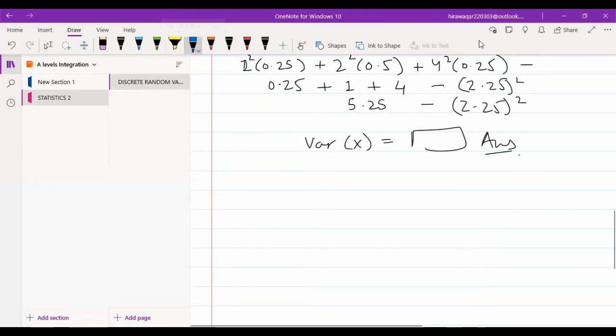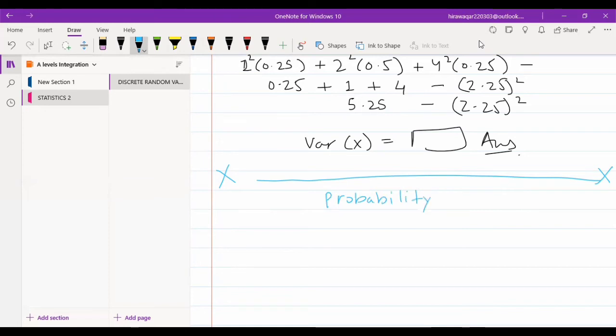Okay, now we are going to move towards the probability distribution table, or you can say the probability distribution. In probability distribution, you are going to witness that the way of writing our probability is a little bit different, like this. And in this, we have to show it with an inequality sign, like this.